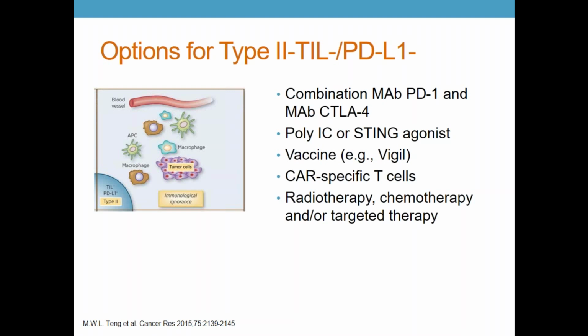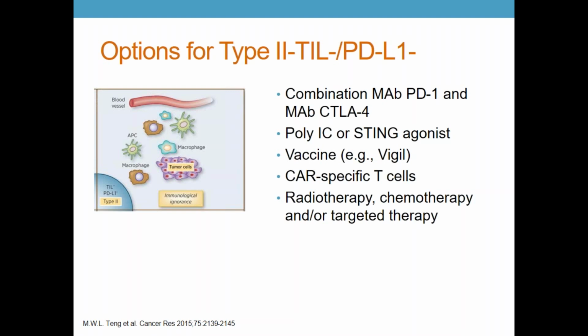This is a good situation for CAR-specific T cells, adoptive immunotherapy, where you take activated T cells targeted against a certain presenting antigen, even though the patient didn't recognize it. These T cells taken from outside sources and specifically targeted against the tumor cells might be able to recognize it.